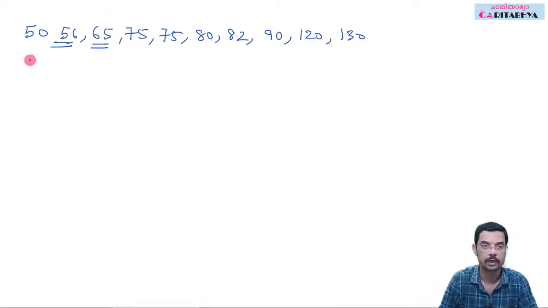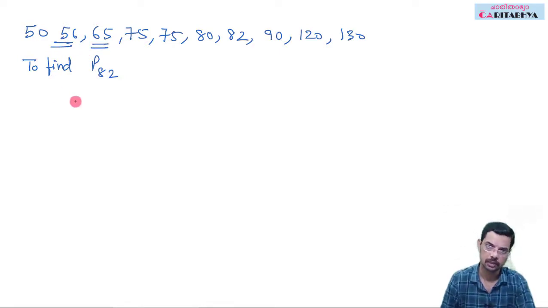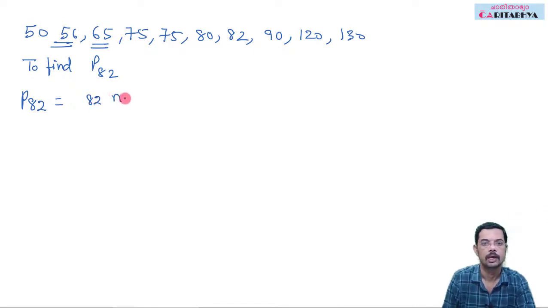To find P82, the formula will be the same. P82 will be equal to 82 into n plus 1 divided by 100 in this case.